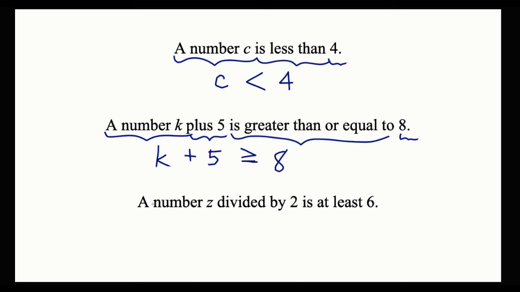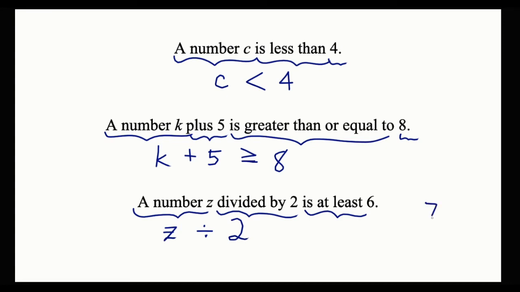And finally, a number Z divided by 2 is at least 6. These ones are a little tricky. So a number Z divided by 2 is at least. Let's think about what this means. If something is at least 6, what could it be?